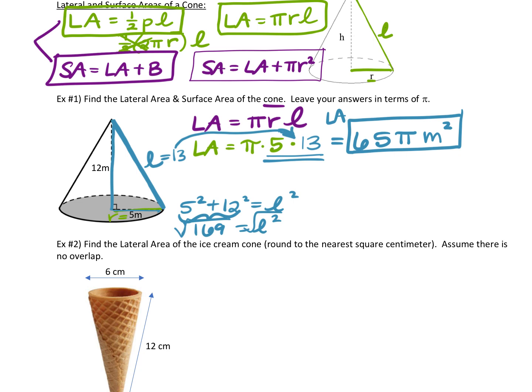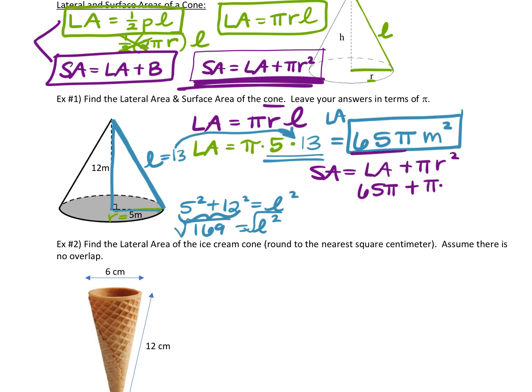We also want surface area. So you come back up here, your surface area formula is LA plus pi r squared, the area of the base. So it's going to be 65 pi plus pi times what? 5 squared. 5 squared, the radius squared.